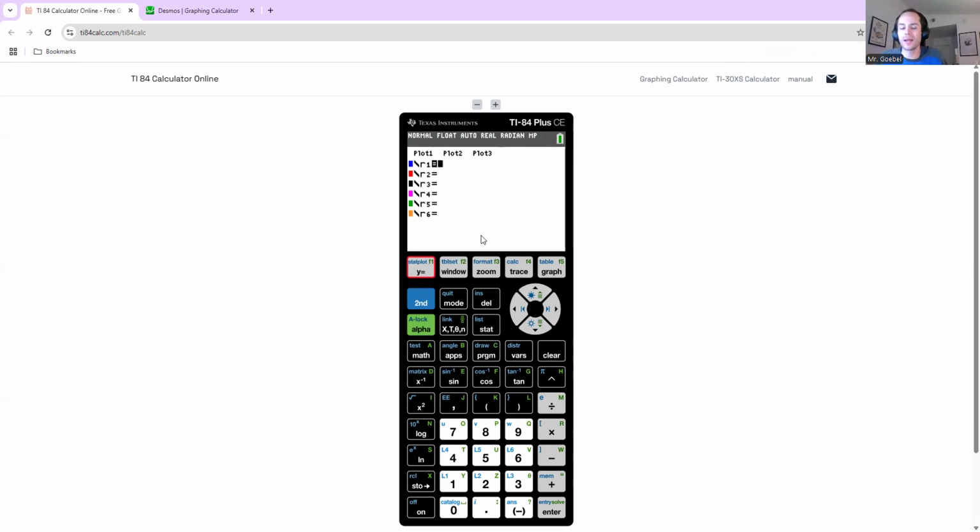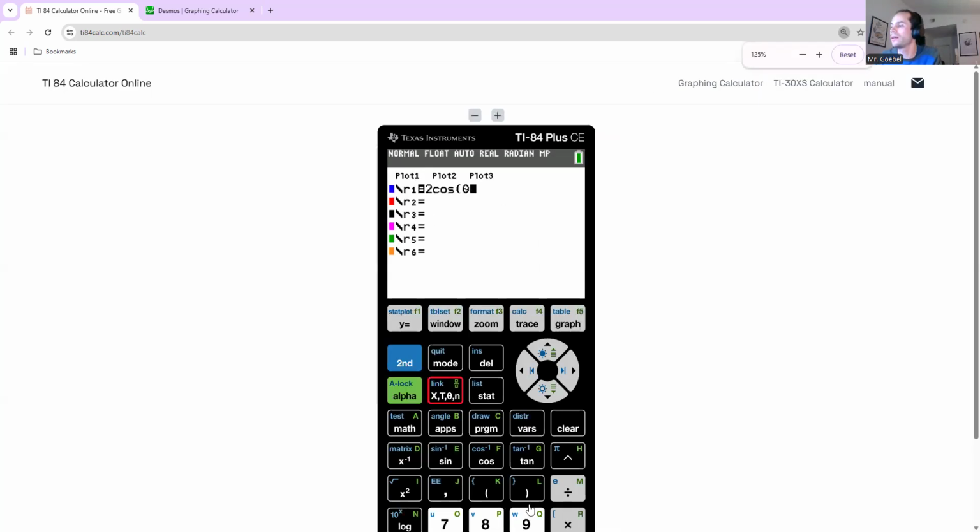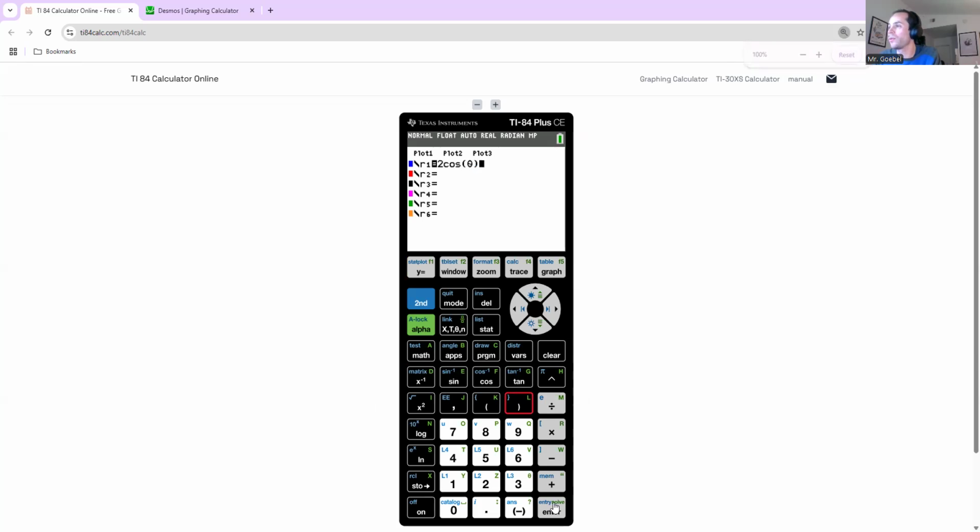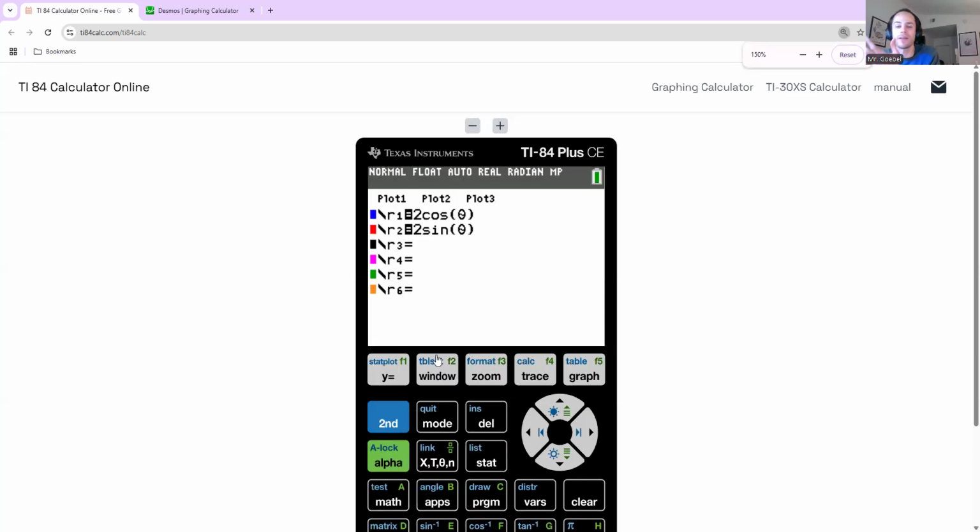And so what I'm going to do is type in 2 cosine theta. That's my blue graph. And then here we'll also do 2 sine theta while we're at it. To get the theta, I'm just hitting the X button like you normally would when you graph. Instead of X, we've got a theta. And check this out.